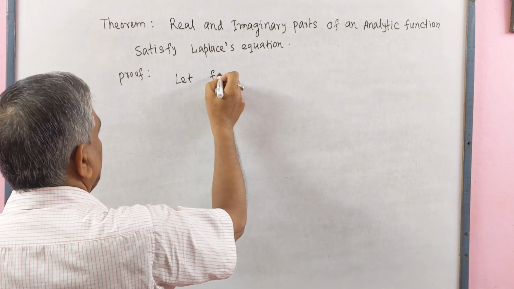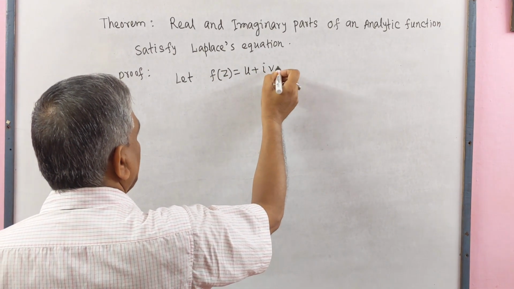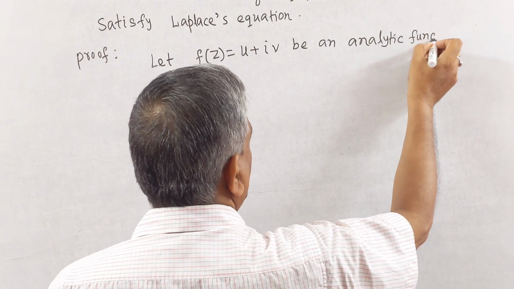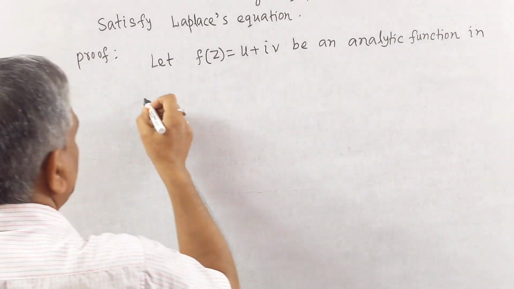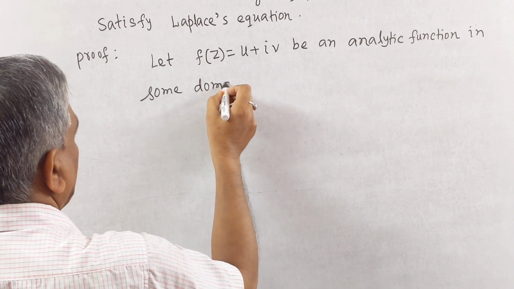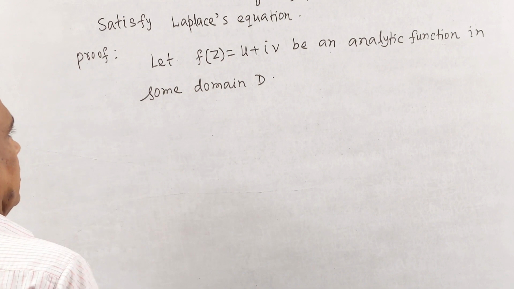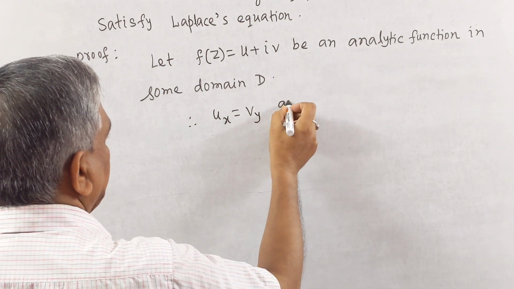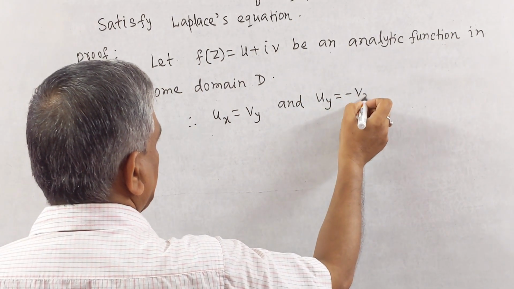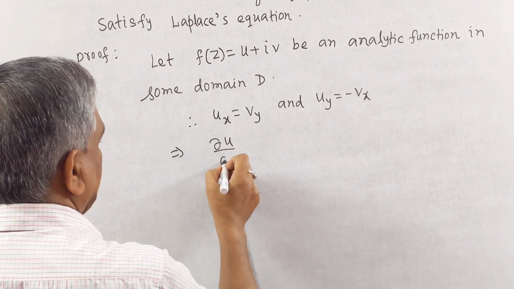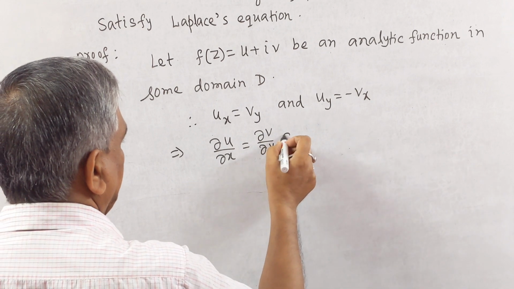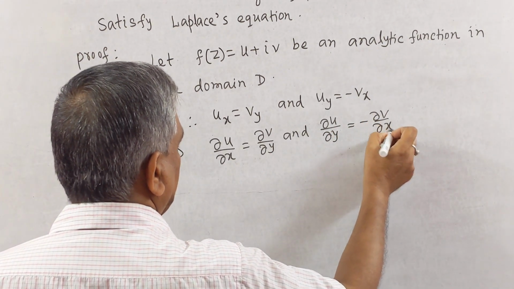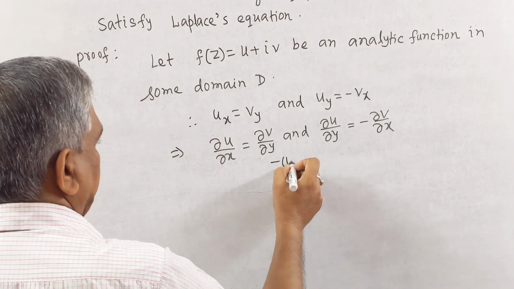Let f(z) = u + iv be an analytic function in some domain D. As f(z) is analytic, therefore ux = vy and uy = -vx, which implies that ∂u/∂x = ∂v/∂y and ∂u/∂y = -∂v/∂x. This is number 1 and this is number 2.